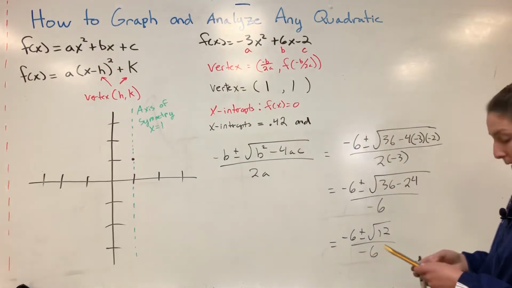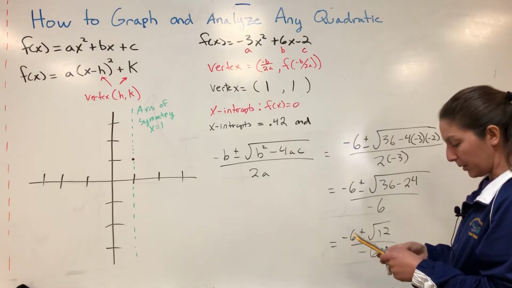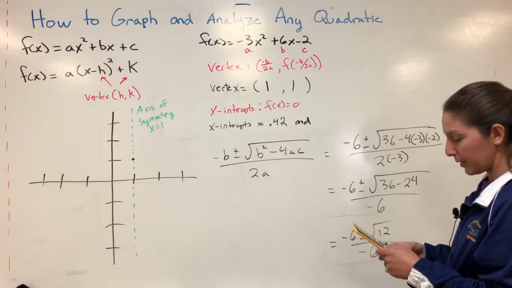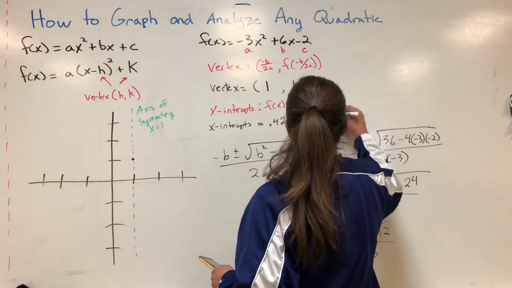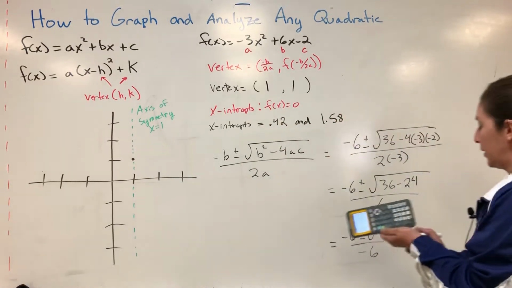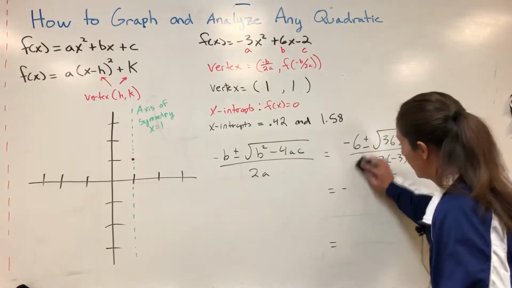And now let's do the subtraction. Negative 6 minus the square root of 12, divided by negative 6, 1.58 rounded off. Okay, so the quadratic formula got us our x-intercepts.